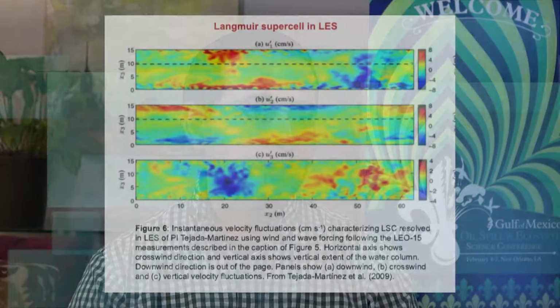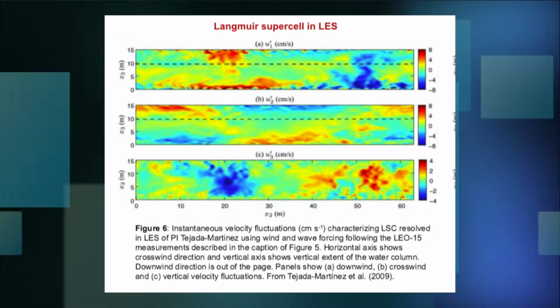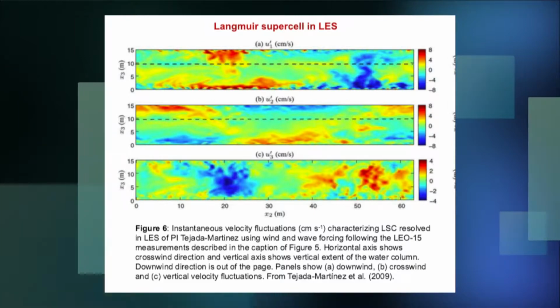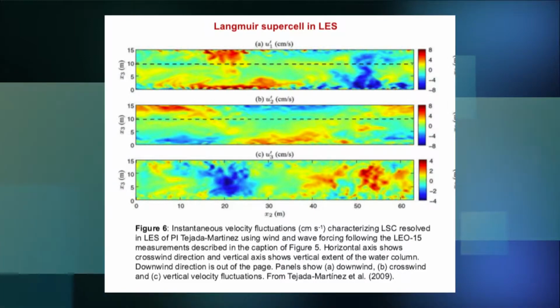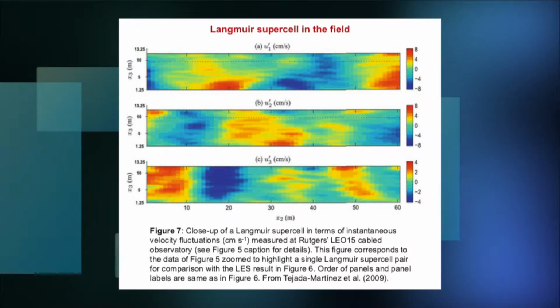Yeah, so with Michel Boufadel at NJIT, we've been able to create a model that can resolve the Langmuir supercells and also can resolve the particle tracks induced by the Langmuir supercells. So now with the model, we're able to see the motions of the sediments and the motions of the oil droplets caused by the Langmuir cells.